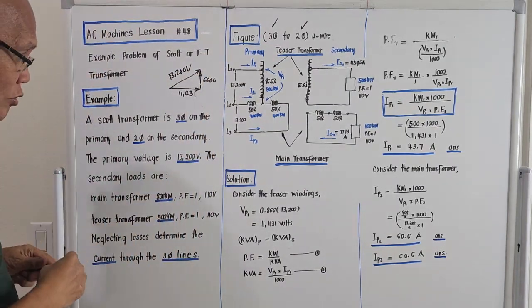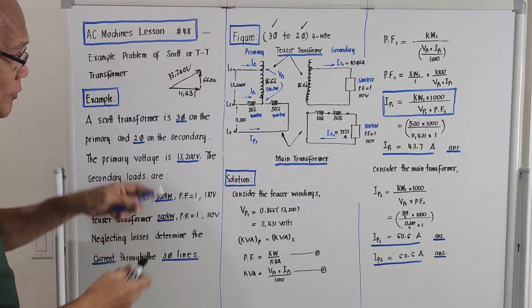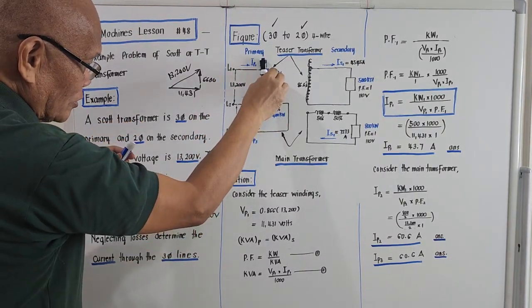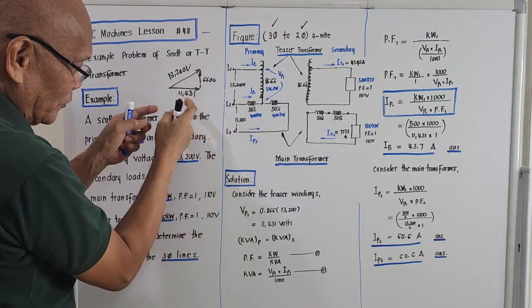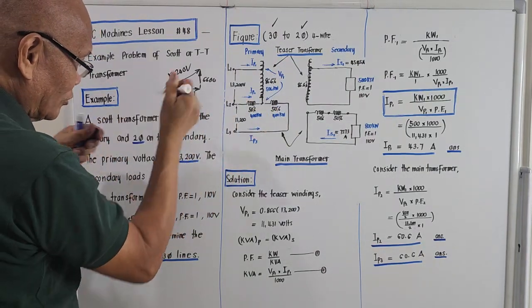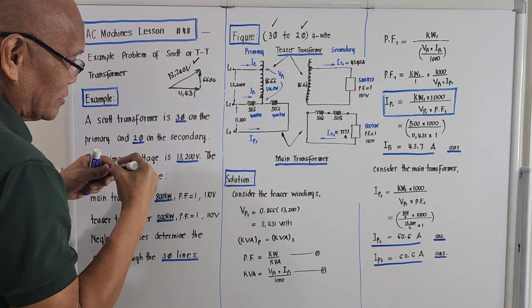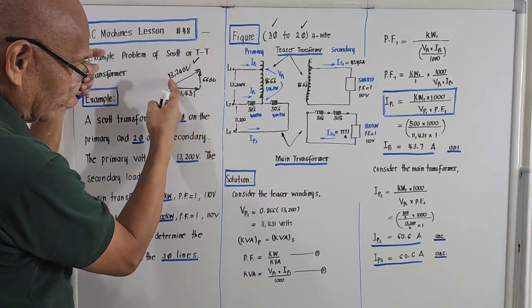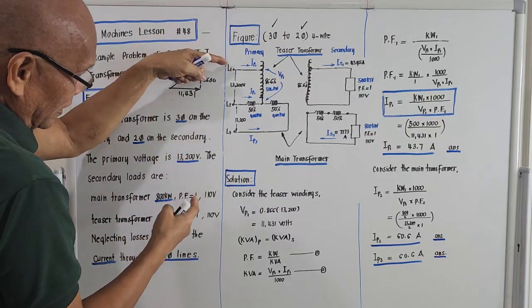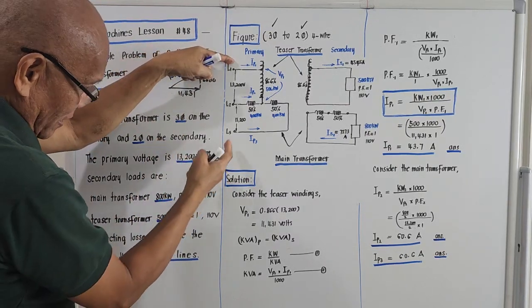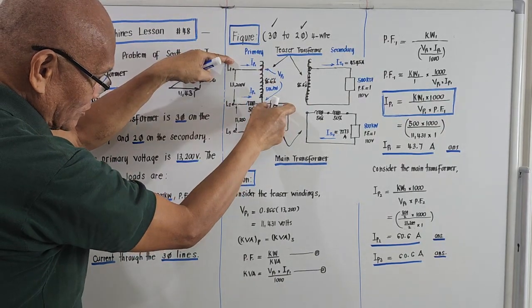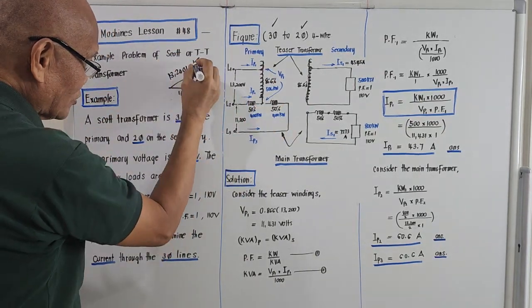Meaning, between line 1 and line 2, this is 86.6%, this is 50%, and the vectorial sum will be 13,200 volts, like what I said a while ago. Again, between line 1 and line 3, 86.6% plus 50% will still be 13,200 volts.